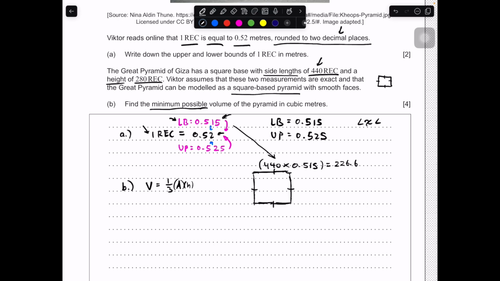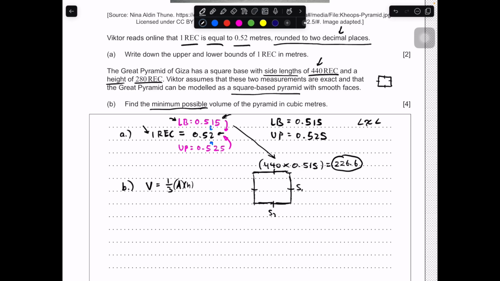226.6. And I would recommend leaving your values like this instead of rounding to 226.7. Try to preserve all the accuracy that you can up until the final answer, where you would write in 3 sig figs. So intermediate steps, wouldn't recommend writing out in 3 sig figs. You'll have a little deviation in terms of level of accuracy. So if this is one of the side lengths right here, 226.6, the area of the base for a square is going to be side length 1 times side length 2, which are equivalent.